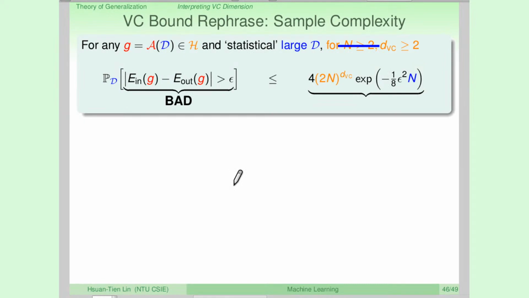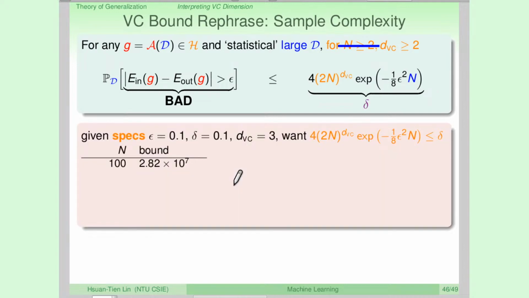Another way to rewrite the VC bound is in terms of the sample complexity, which means we can set up some specs that we want to achieve. For example, I want my E out to deviate from E in by at most 0.1, and I want to be 90% lucky, which means I allow 10% unlucky times for the data collection process that I have on hand.